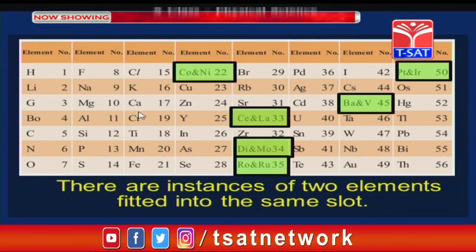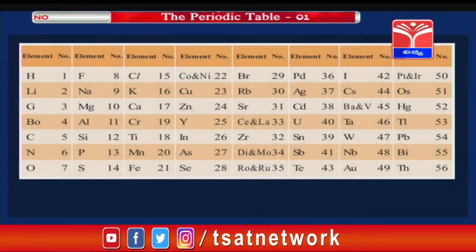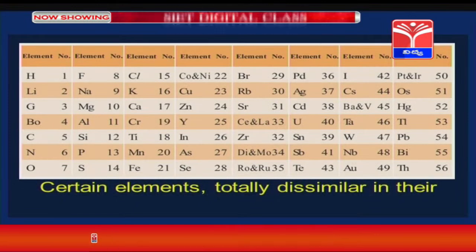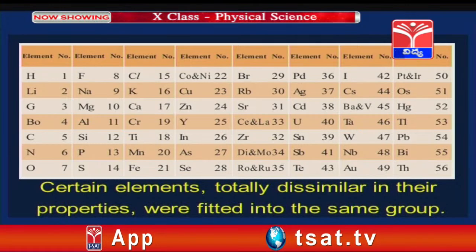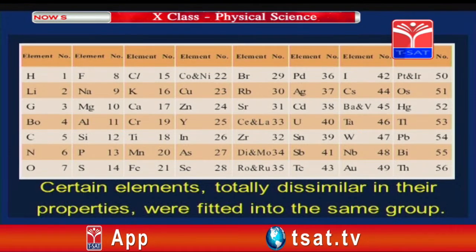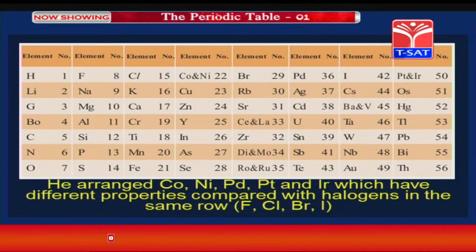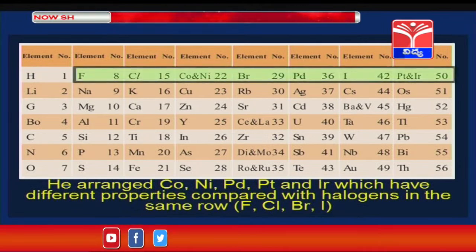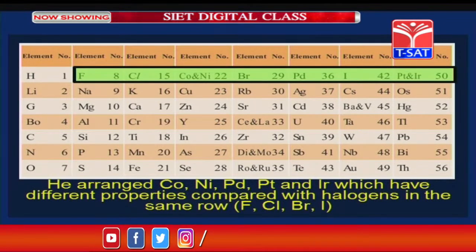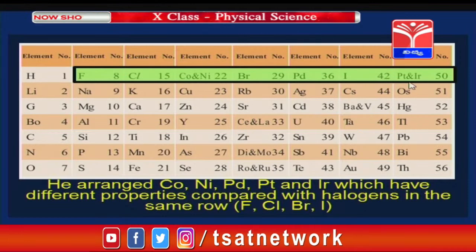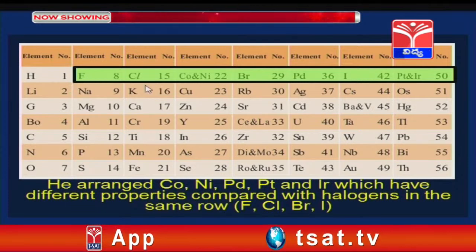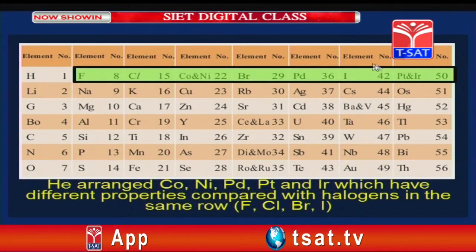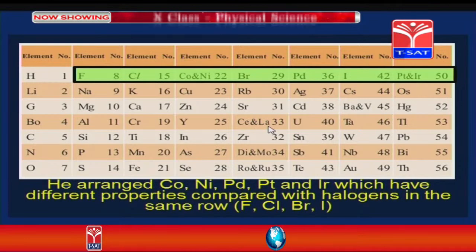Now, it is not applicable. Here you notice certain elements that are totally dissimilar in their chemical properties were kept in the same group. He arranged cobalt, nickel and platinum, palladium, which have chemical properties not similar to fluorine, chlorine and iodine, and these are halogens.